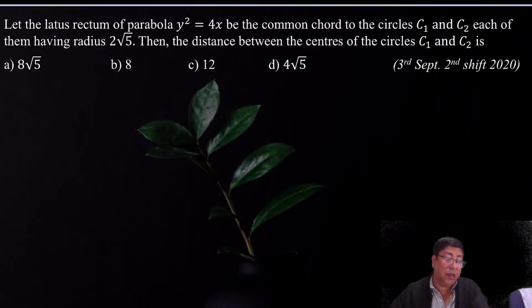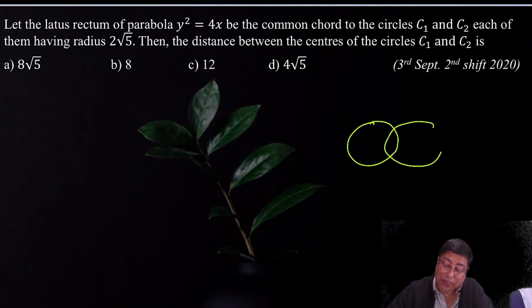Let the latus rectum of the parabola y square equal to 4x be the common chord to the circles C1 and C2, each of them having the radius 2√5. Then find the distance between the centers.